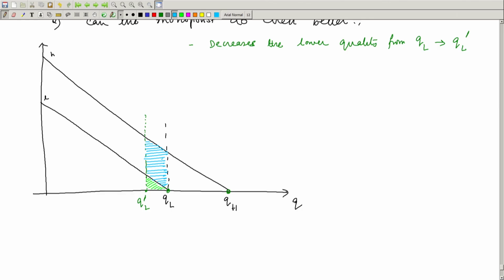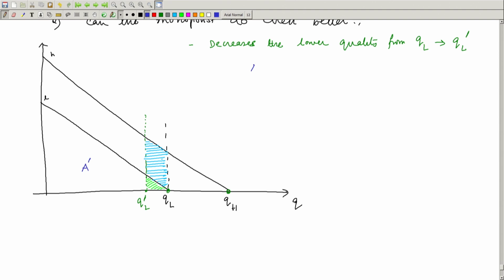So, I decrease the QL to QL prime, and now let us define a few terms. The previous big triangular area was A. I am going to call this area minus the triangle A prime.